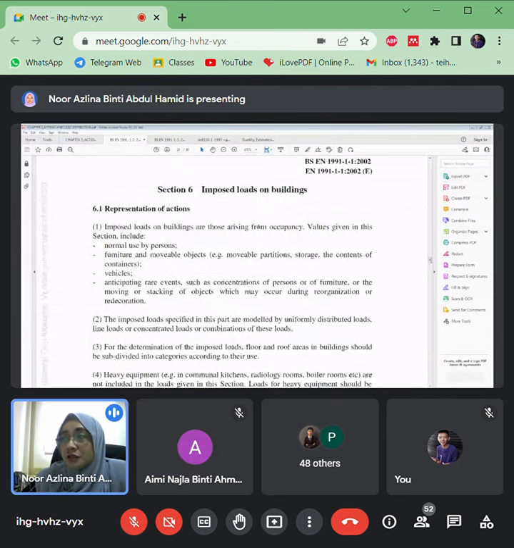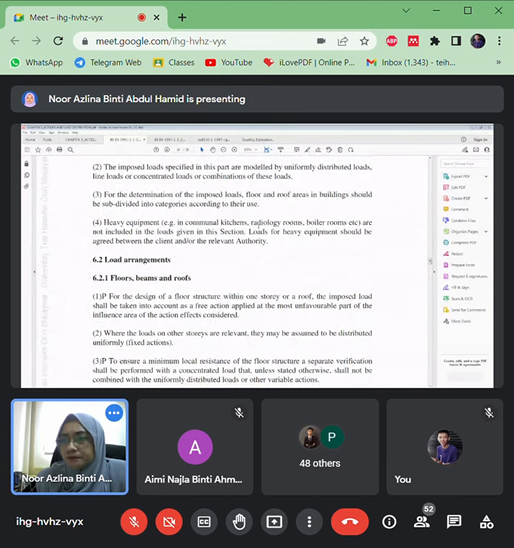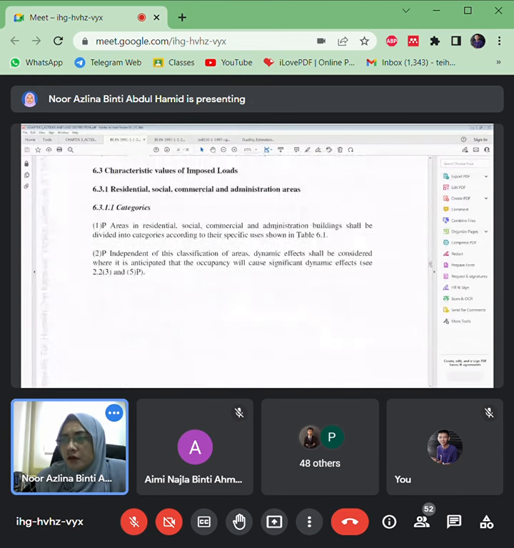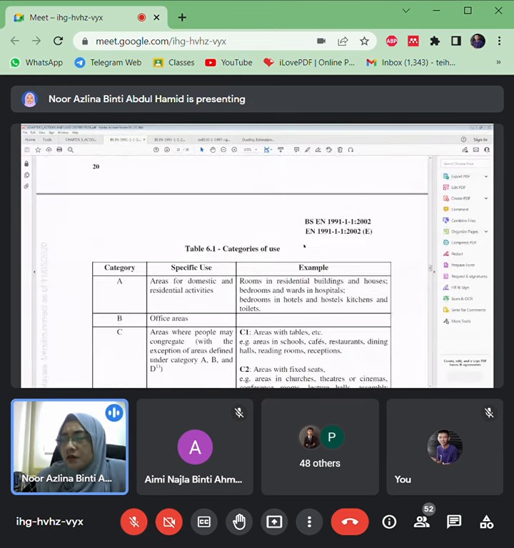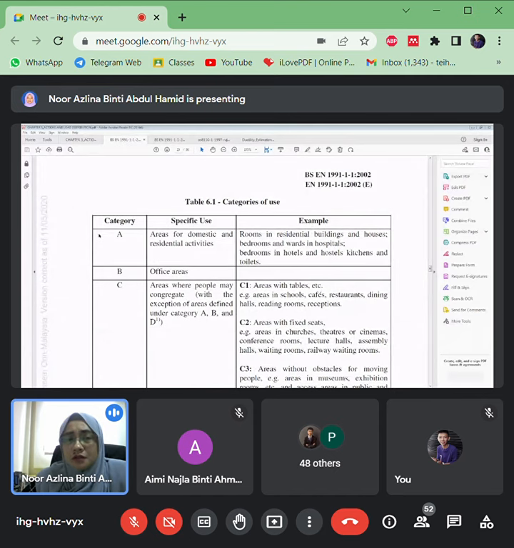And then imposed load here. Okay, mana tables? Dah pergi kepada tables ni. If you look at here, there's a lot of category here. Category A, it mentions areas for domestic and residential activities, just for a common building. Examples, rooms in residential building, house, bedrooms and wards in hospital, bedrooms in hotel, hostel kitchens and toilet.